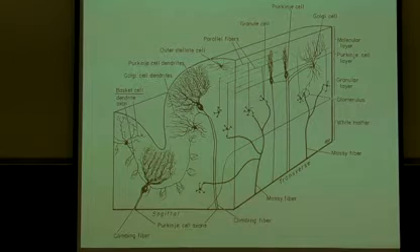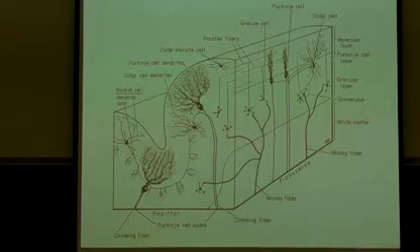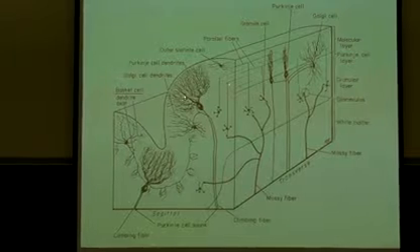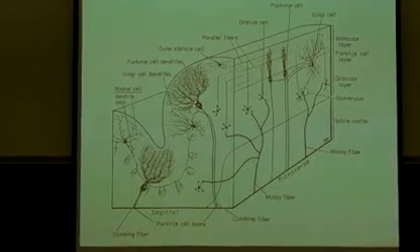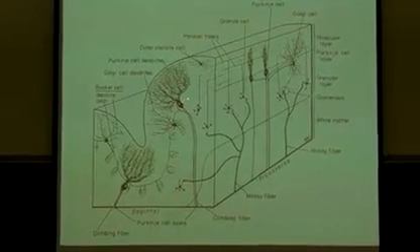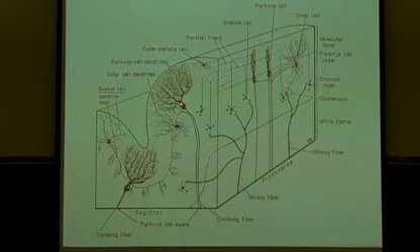So he mapped this circuit very, very well, and so the main cell type, the Purkinje cell, here shows one of them, here another.